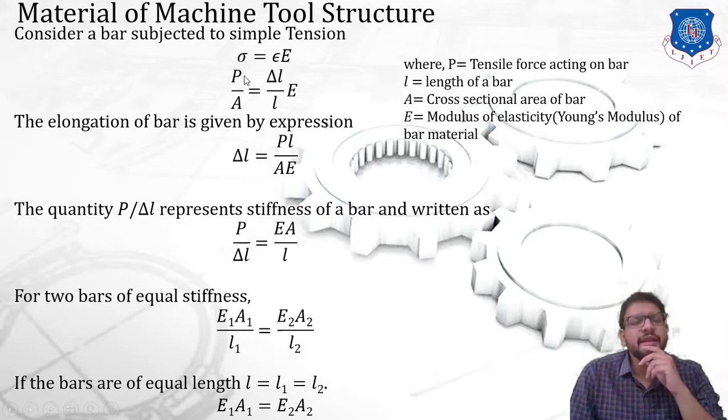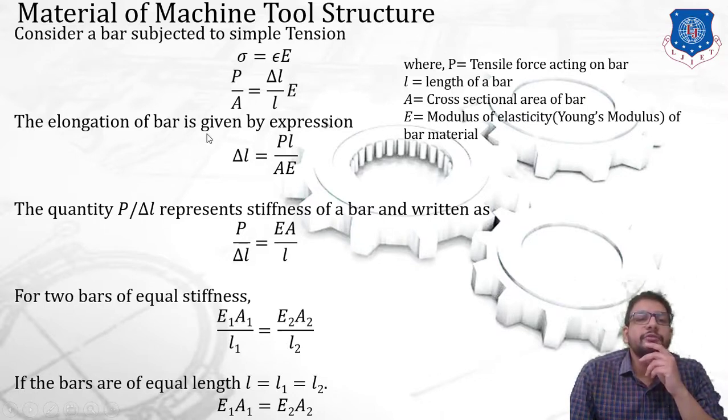Now we can express stress in terms of force, so it is force upon area, written P by A, where P is the tensile force acting on the bar and A is the cross-sectional area of the bar. Epsilon is a ratio, delta L by L, change in length or elongation upon the length of the bar. Okay, so L is the length of the bar and capital E is our Young's modulus.